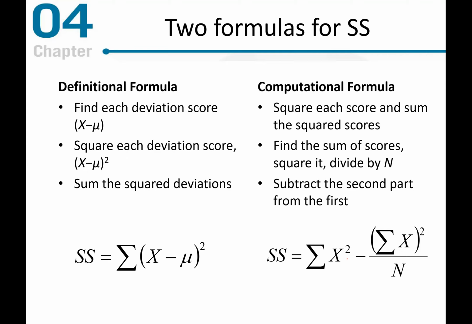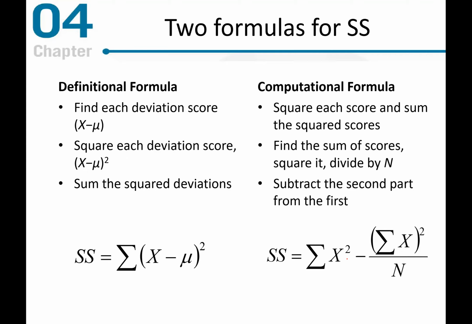One of the reasons that there are two formulas is because the definitional formula is going to be awkward to use, especially if the mean includes a fraction or a decimal value. So if you have a small group of scores and the mean is a whole number, then it's easier to use the definitional formula.